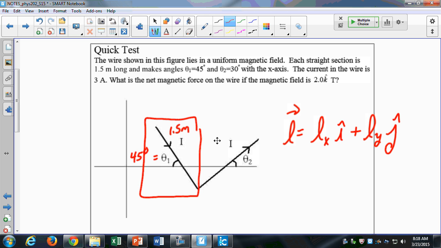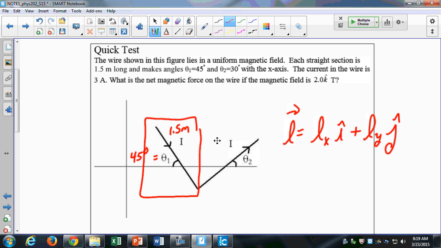What is this x? Not the sine of 45, although it turns out it's the same thing. Right, because 45 cosine is sine. What is it, Courtney? Right, so I'm going to find the magnitude of the vector, which is 1.5, times the cosine.